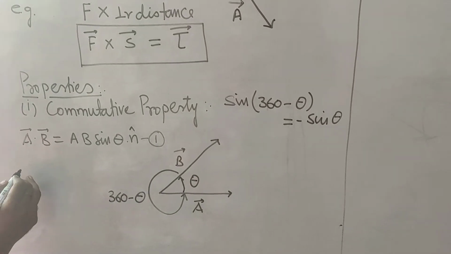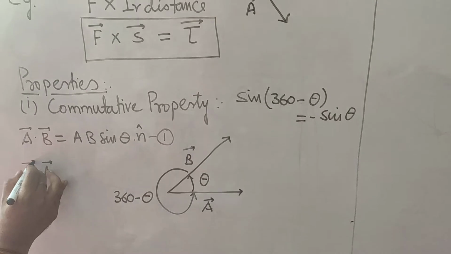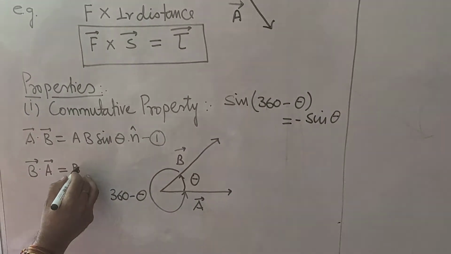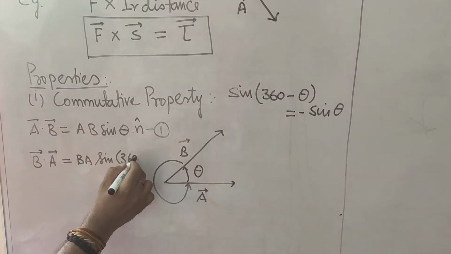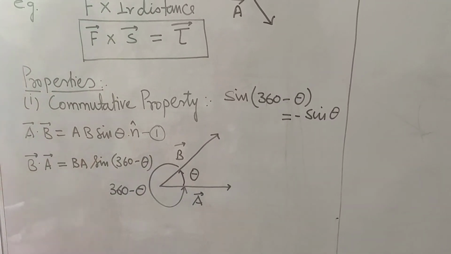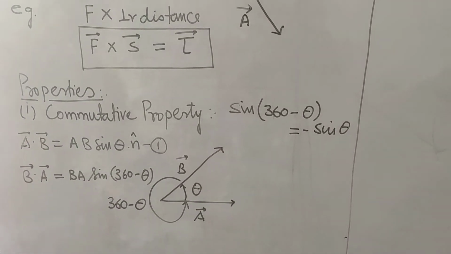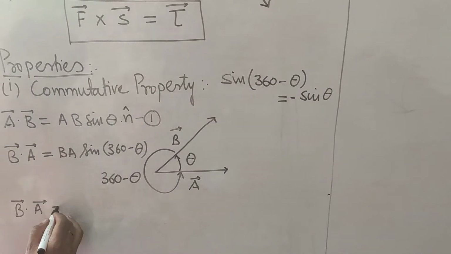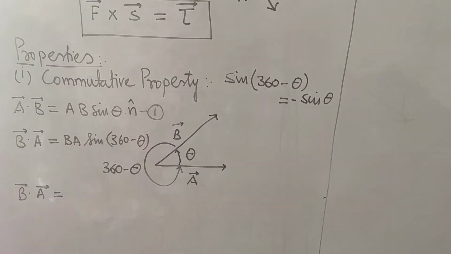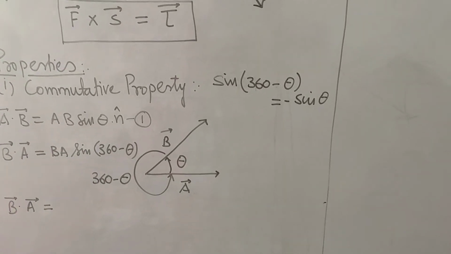Now when we will multiply B cross A, then it is BA sine 360 minus theta. But as I have discussed that sine 360 minus theta is minus sine theta, so B cross A is equals to BA. This is magnitude only. If I interchange this magnitude, there will be no change.